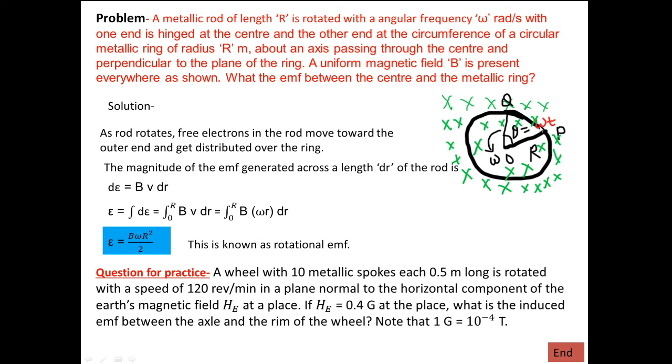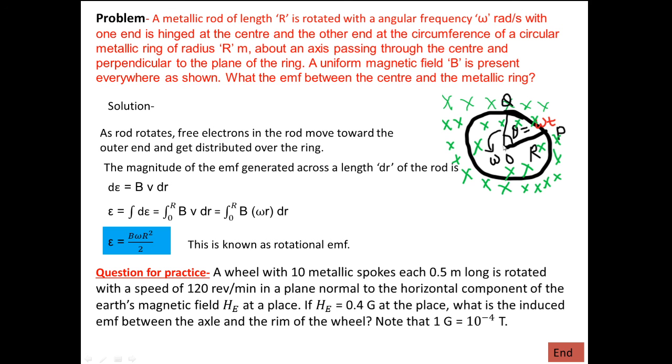So this end P is free to rotate, and the other end is at the circumference of a circular metallic ring of radius r meter, about an axis passing through the center and perpendicular to the plane of the ring. A uniform magnetic field B is present everywhere. What is the EMF between the center and the metallic ring?